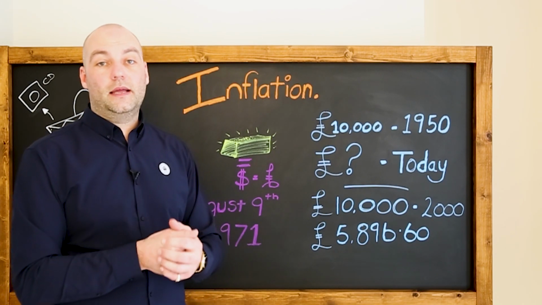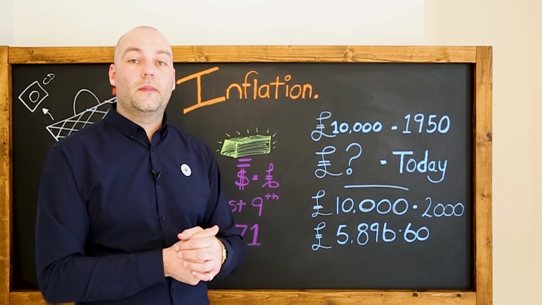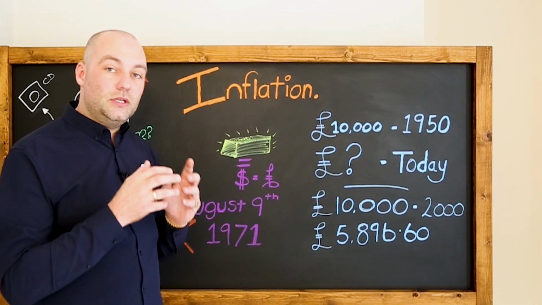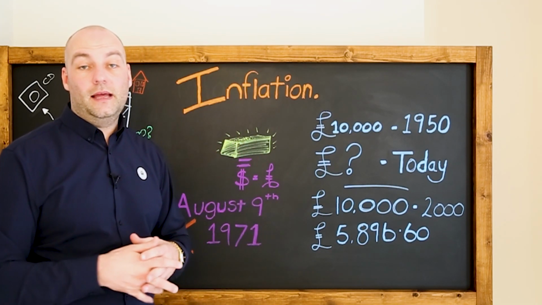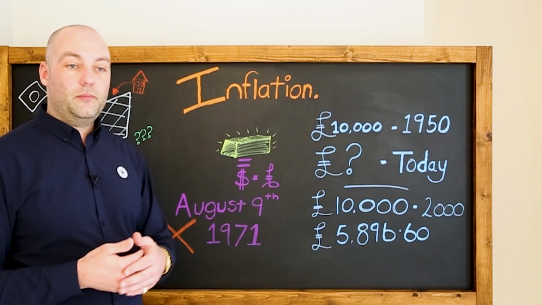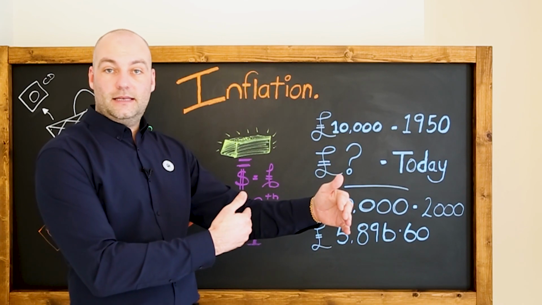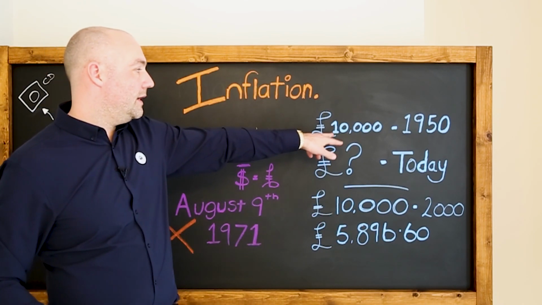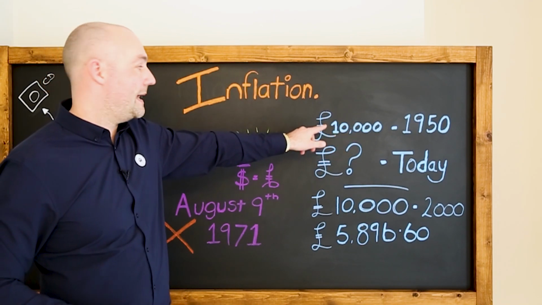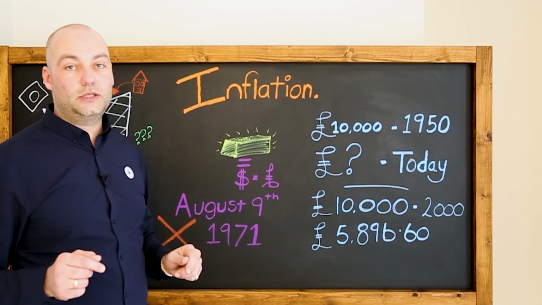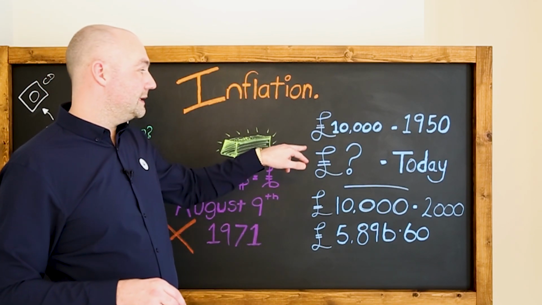And that is why the poor generally get poorer and the rich generally get richer, because they understand how to use inflation to their benefit, as do governments. Inflation rewards borrowers because the amount of money you owe, the debt, is becoming worth less and less and less. Imagine you bought a house in 1950 for £10,000 and you had 100% mortgage, interest only, until today.